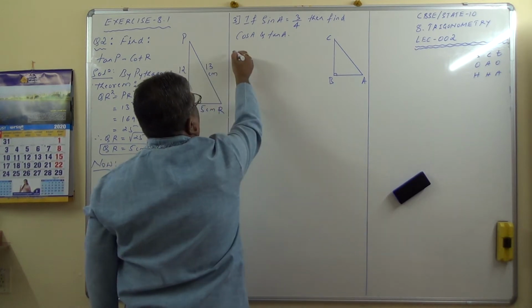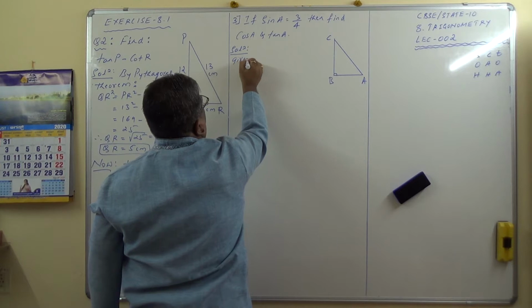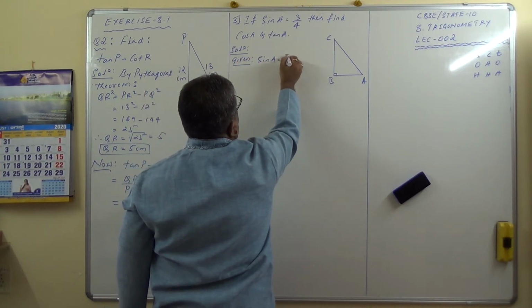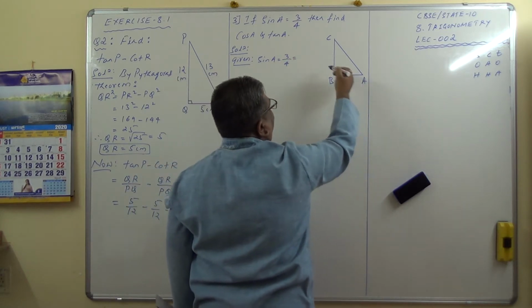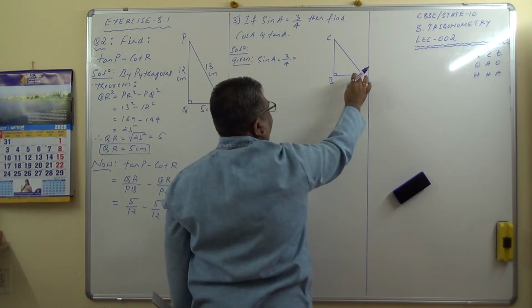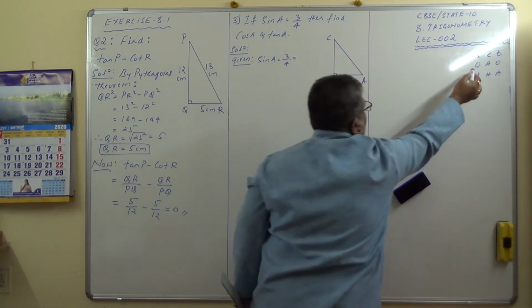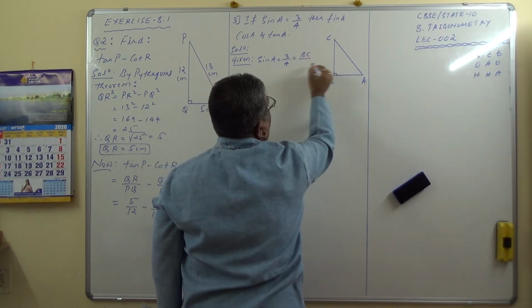Solution, given sin A equals 3 by 4, which is equal to, if A is the reference angle, opposite by hypotenuse. See here, opposite by hypotenuse, BC by AC.